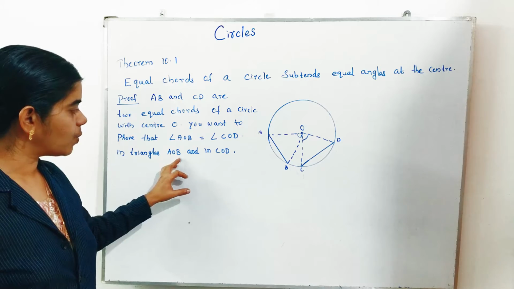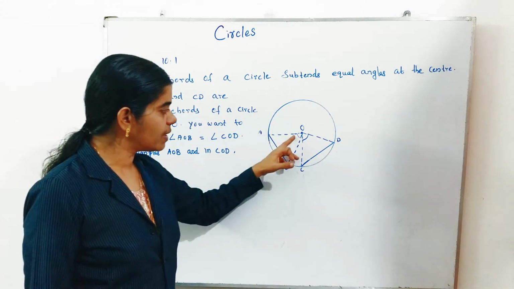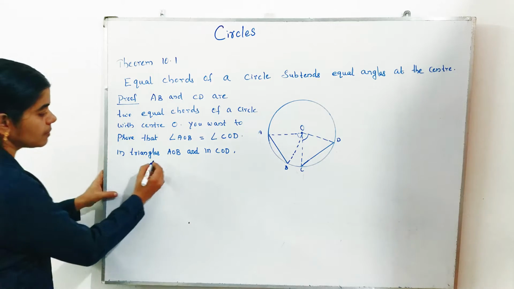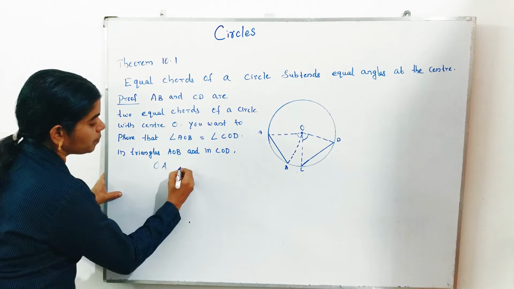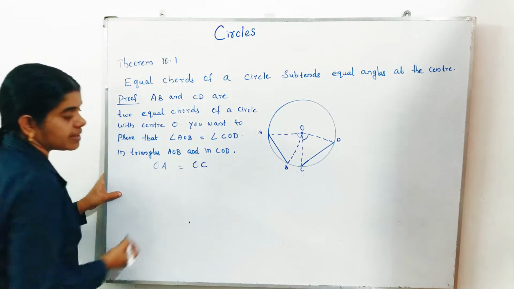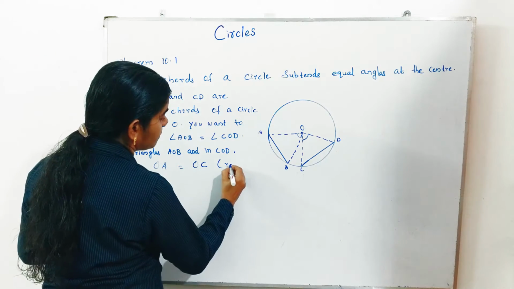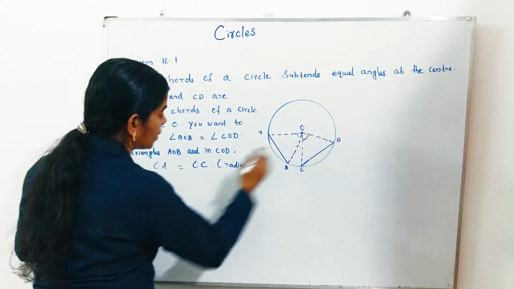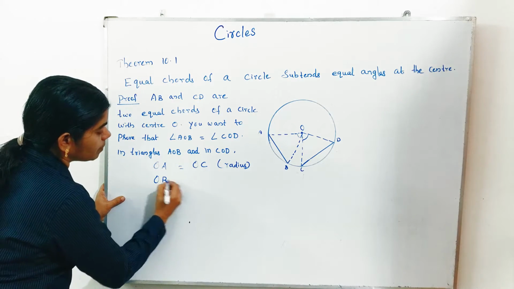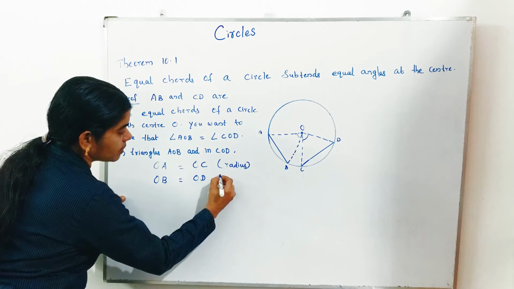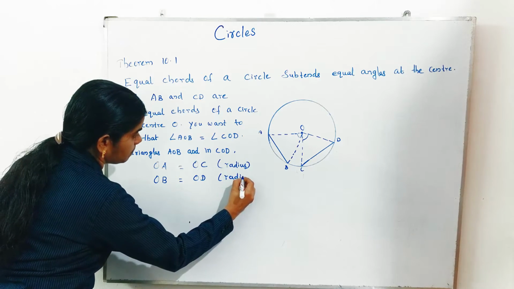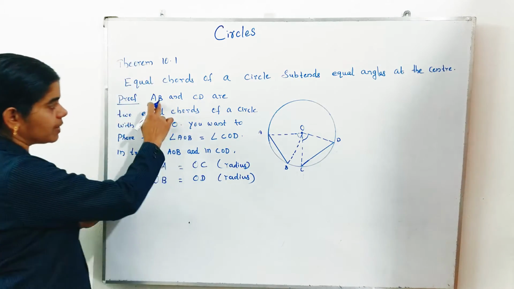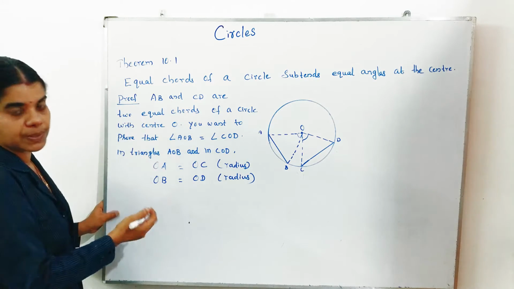In triangle AOB and in triangle COD, OA is equal to OC. What will be the reason? The reason is radius of the circle. Again, OB is equal to OD. That also is radius of the circle. Then AB equal to CD, that is already given, two equal chords.